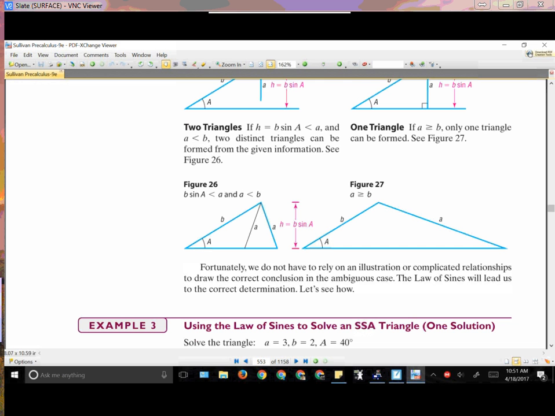Depending upon which way this goes, if I've got an angle, and I'm told this angle down here is A, given that value, and then I am told we have a side here and a side here, which way do you go? Do you make it go this way or that way? I don't know. Because we're not told what angle B is or what angle C is, we cannot make that determination.